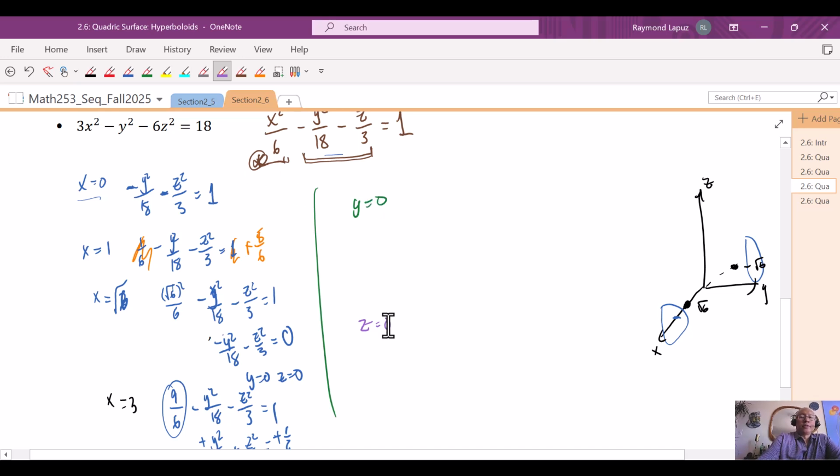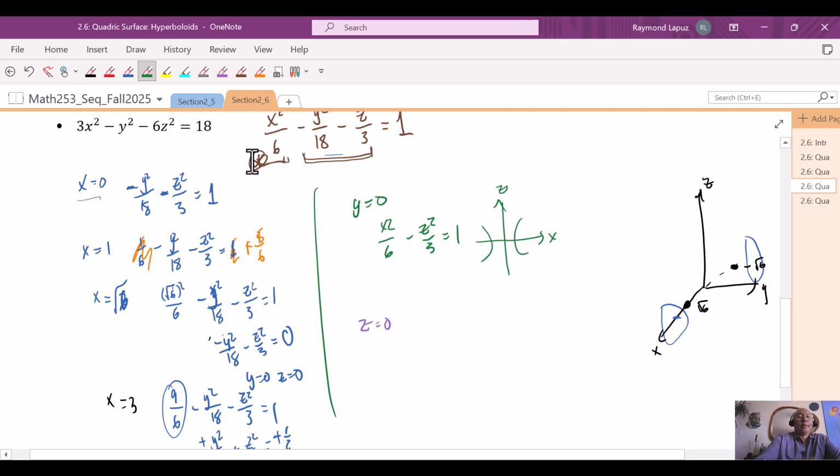So let's do that first one. When y is equal to 0, we're going to get x squared over 6 minus z squared over 3 is equal to 1. So we'll get a hyperbola opening up along the x-axis. So xz opening up on the x-axis.